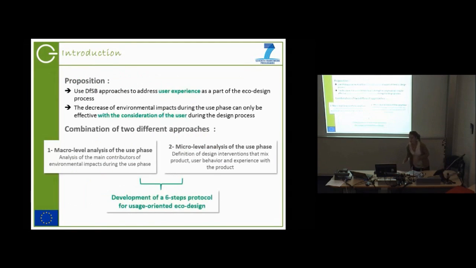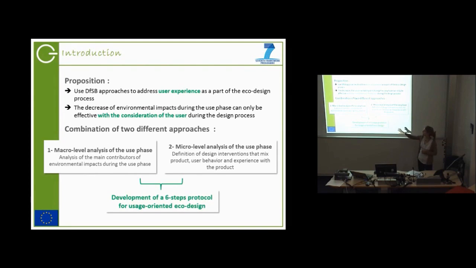So in the work that I will be presenting today, we are proposing to use design for sustainable behavior approaches in order to address user experience as a part of the eco-design process. And we postulate that the decrease of environmental impacts during the use phase can only be effective with the consideration of the user. So we developed a 6 steps protocol for usage-oriented eco-design, and this protocol is based on two different analyses of the use phase.